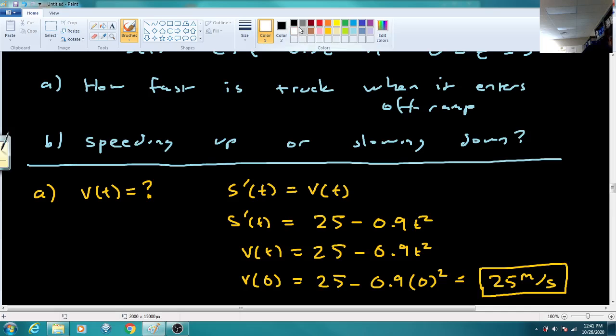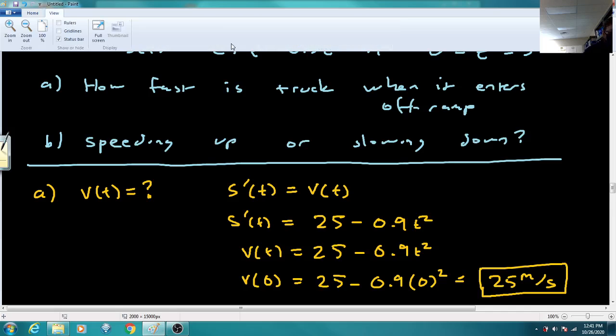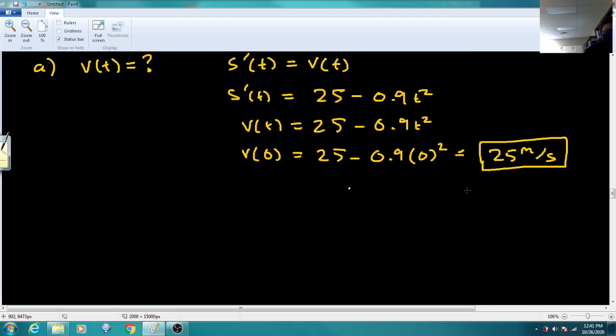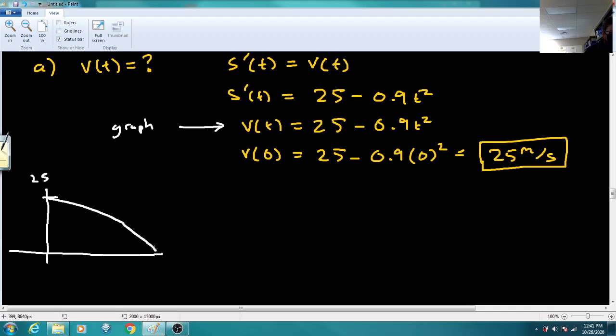Part B, are we speeding up or are we slowing down? Well, we can graph our velocity function. If we graph it, it's a parabola that's opening downwards and has shifted up 25. So it's 25 up here, and then it is a parabola that kind of opens downwards.